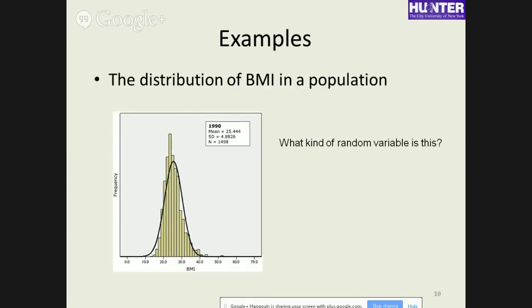The distribution of body mass index in a population. This can take any decimal value. So this is a continuous variable. And it's a pretty well normally distributed continuous variable.